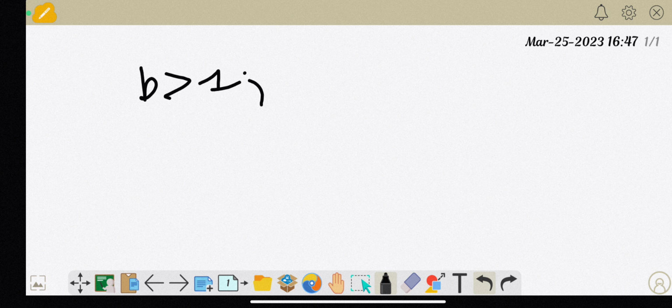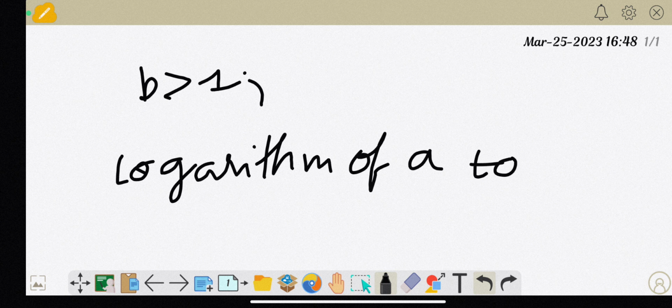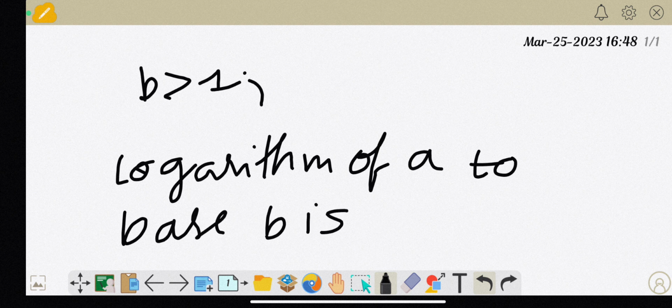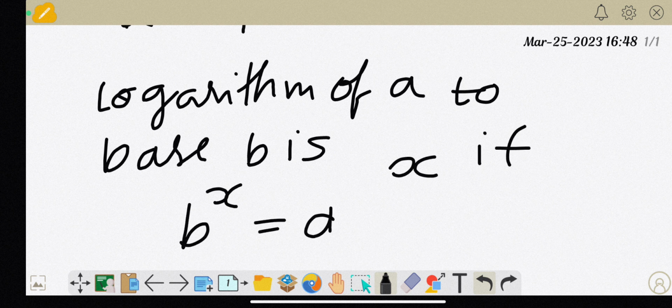Let b be a real number. We say that the logarithm of a to base b is x if b to the power x is equal to a.